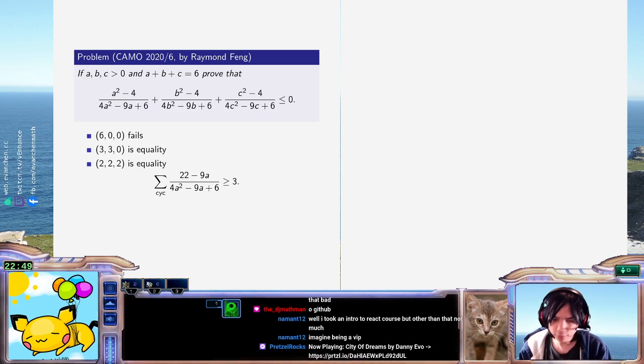Is there some polynomial for which I can... This is a stretch. I don't think this is possibly gonna work.